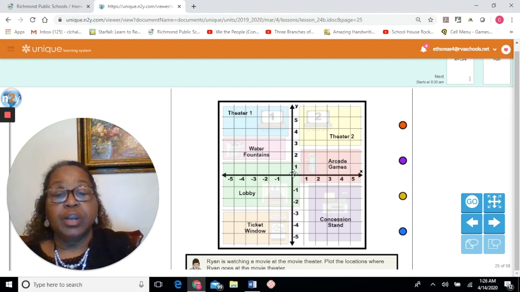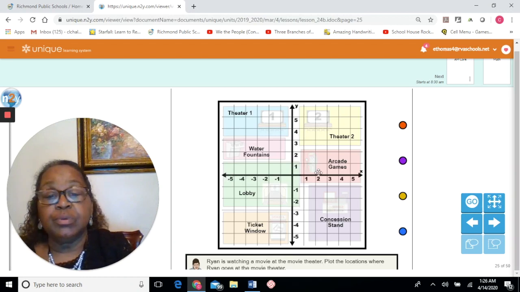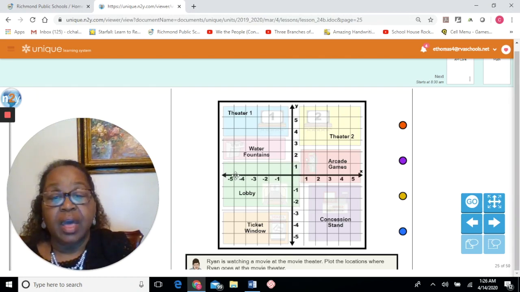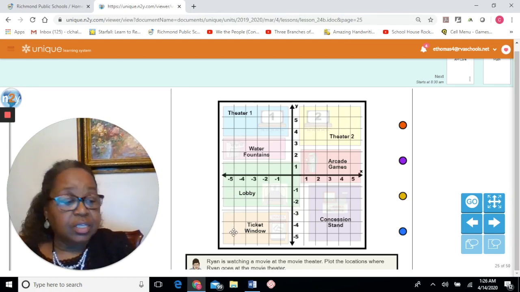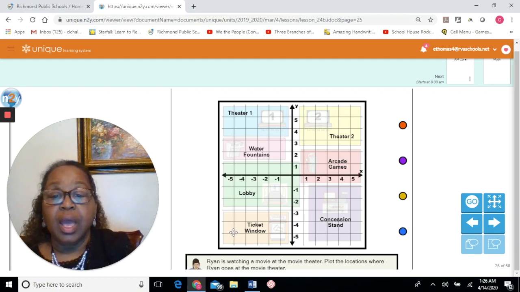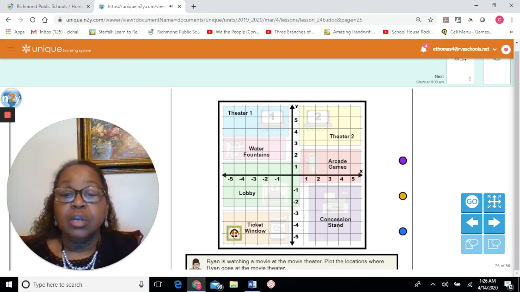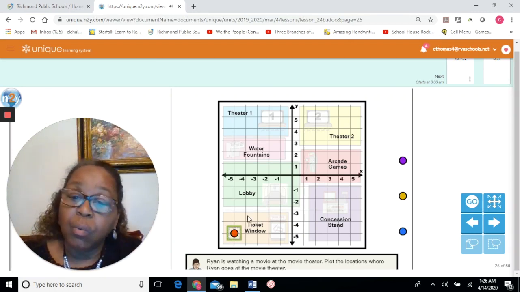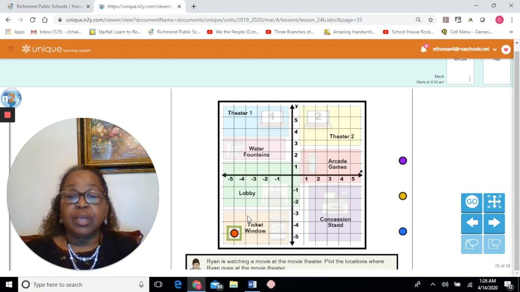Let's see. Start here at our point of origin. And on the x-axis, the negative numbers are to the left, -5. And on the y-axis, which moves up and down, -5. Looks like that first plot, if we plot that, it's going to be here. Let's see if I can remember where that goes and put it in place. Excellent. We get that green frame. We know we have the right answer. Whoa, we did a good job with that.